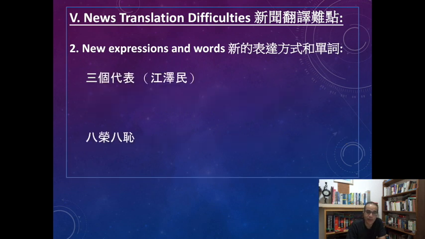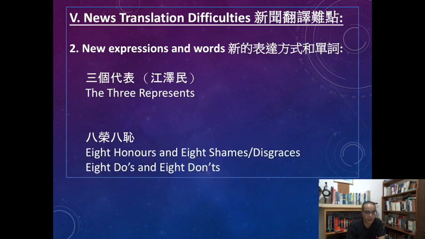Like 三个代表, this is a new expression coined by Jiang Zemin, the former Chinese president, but the official and formal translation of it now is the 3 represents. Or the 8 honors and 8 shames, or 8 do's and 8 don'ts.